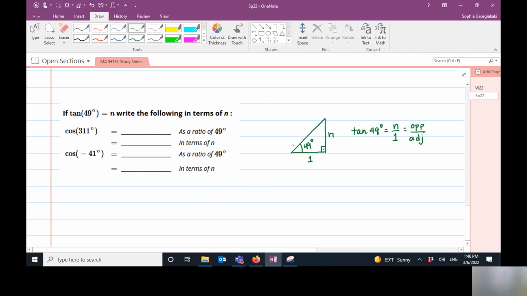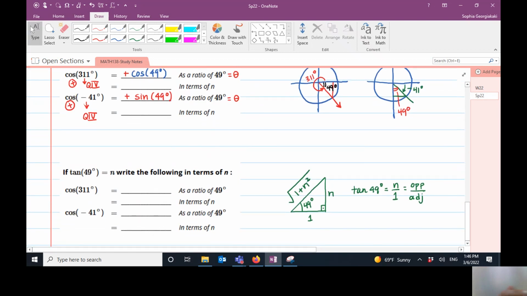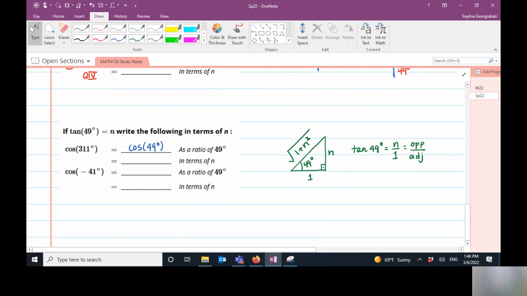And if I do the Pythagorean theorem, the hypotenuse will be the square root of 1 plus n squared. So I know how to write the cosine of 49 as adjacent over hypotenuse. So in terms of n, it will be adjacent, that's the 1, over the hypotenuse, which is the square root of 1 plus n squared.